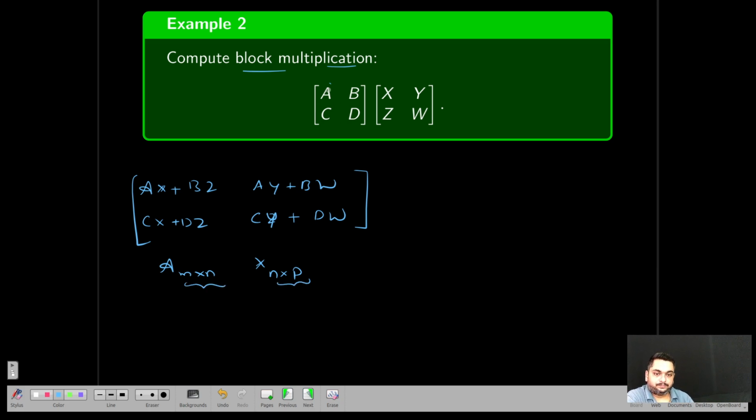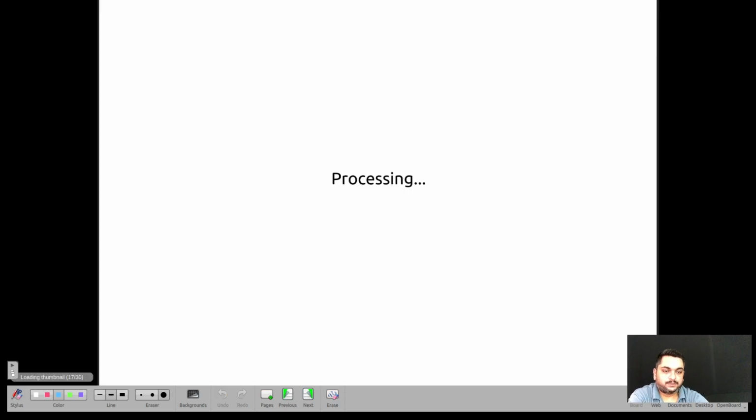The number of columns in A should be equal to the number of rows in X. Similarly, you can find out for all the possible combinations: A, Y, B, W. Y should have N cross, say, Q. Then C is, say, P cross Q, and it is multiplied with X. X should be N into P like that. So you find out. Okay, that's about special matrices.